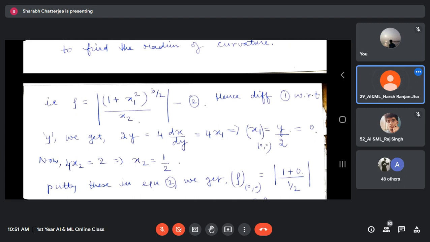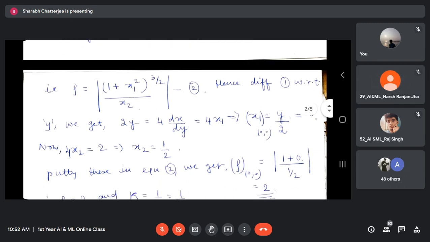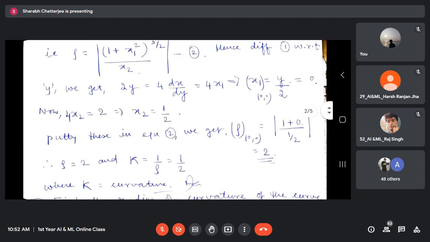Yes, 0. dx/dy is y/2. Can you verify? dx/dy is y/2 and the double derivative of x is half. So if you put these things, ρ you get 2.